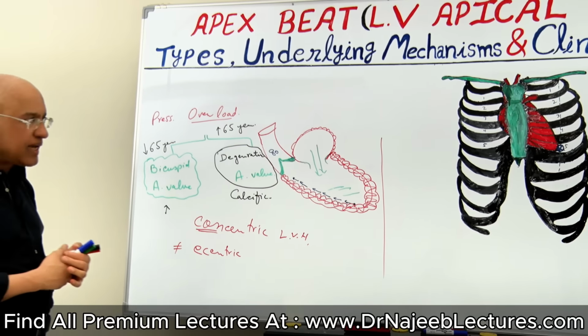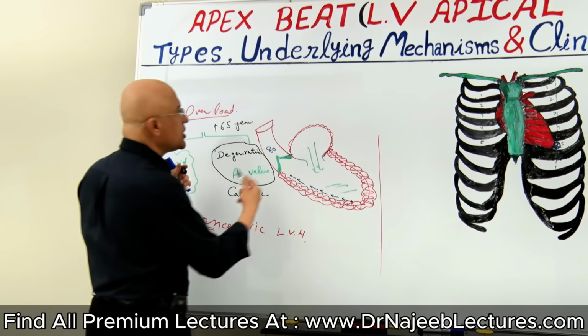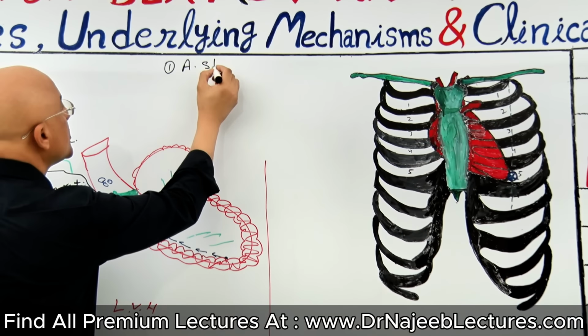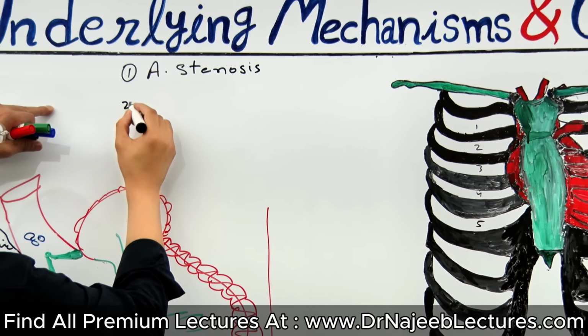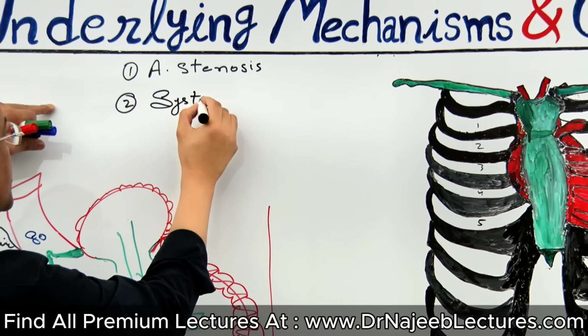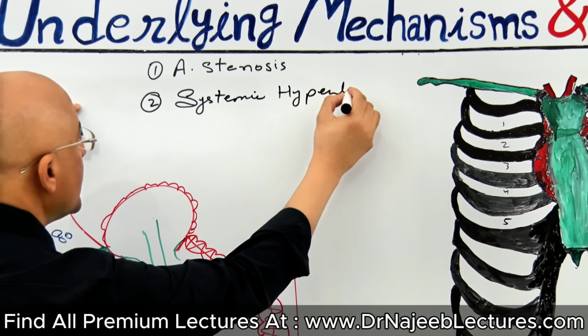Then we come to another type of problem which is producing pressure overload and a heaving apex beat. One cause, up to now we discussed, was aortic stenosis. Now, the second cause is systemic hypertension.